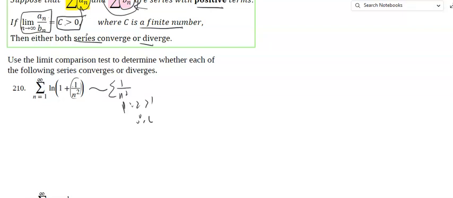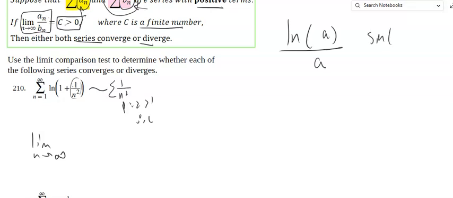Now I'm going to take the limit as n approaches infinity. So remember, if you have natural log of whatever, a, you want to compare that with a. And if you have the sine of beta, you want to compare that with beta.